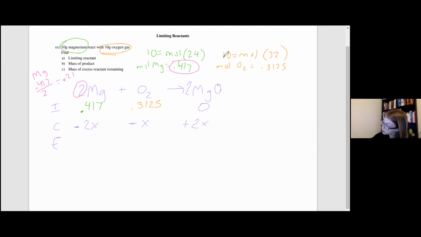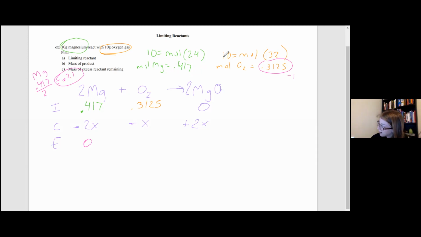For the oxygen, 0.3125, we're going to be dividing it by 1, so it's still 0.3125. That means 0.21 is smaller than 0.3125. Since it's smaller, the magnesium runs out first. It's just a coincidence that this problem and the last problem I showed you have that being the first column. You do have to do this work to figure it out.